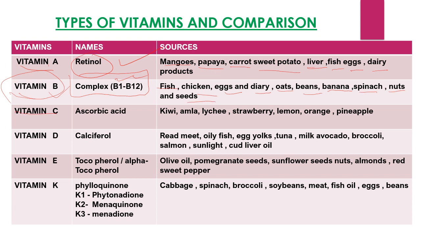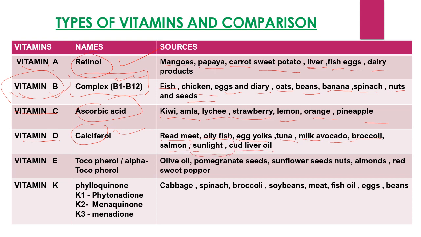The common name of vitamin C is ascorbic acid, and it is present in kiwi, amla, lychee, strawberry, lemon, orange, pineapple. The common name of vitamin D is calciferol, and its sources are red meat, oily fish, egg yolks, tuna fish, milk, avocado, broccoli, salmon, sunlight, cod liver oil.